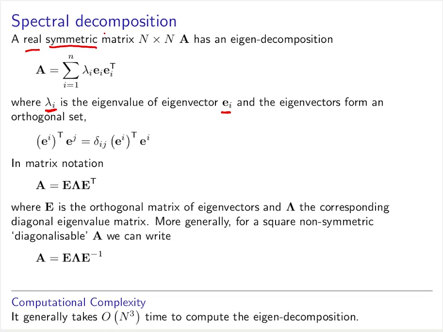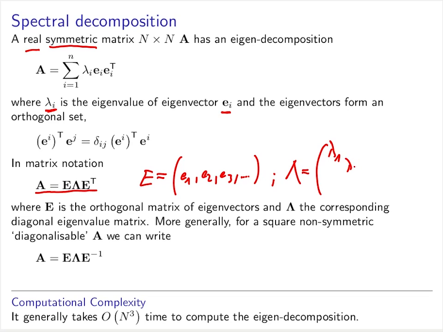Okay, so given this fact, then you know that A can be decomposed like that. And what's going on with the big E here? This is nothing else than the eigenvectors written as columns. And this matrix here has the accompanying eigenvalues on its diagonal, and zeros everywhere else. Okay?